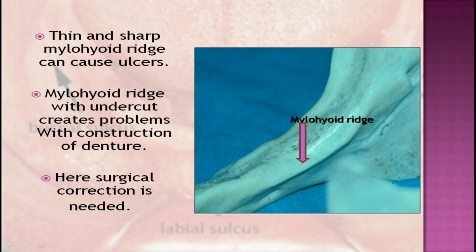When it is very prominent, it can compress the tissues there and cause numbness or other discomfort to the patient. These relief areas have to be very carefully examined in the patient's mouth, as it is very important to relieve these structures to get a comfortable denture.